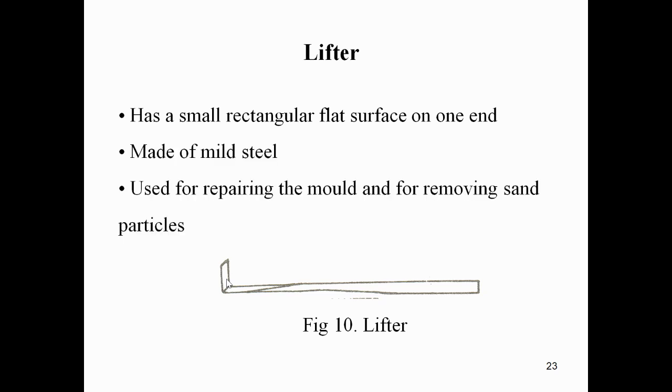It is made of mild steel. The lifter is used for repairing the mold sand and for removing sand particles. Whenever you are doing foundry or casting, it is very useful to remove the sand particles.